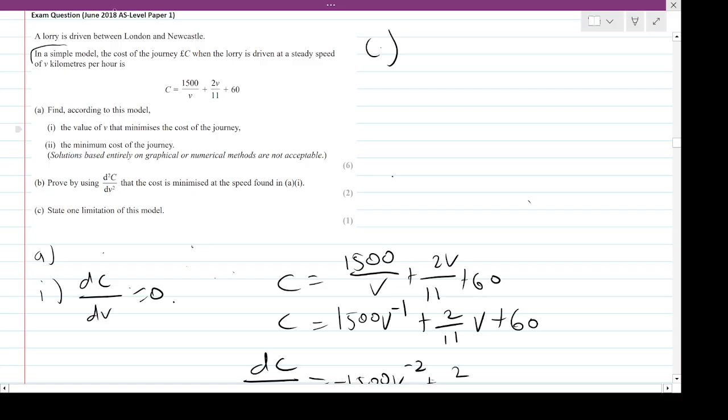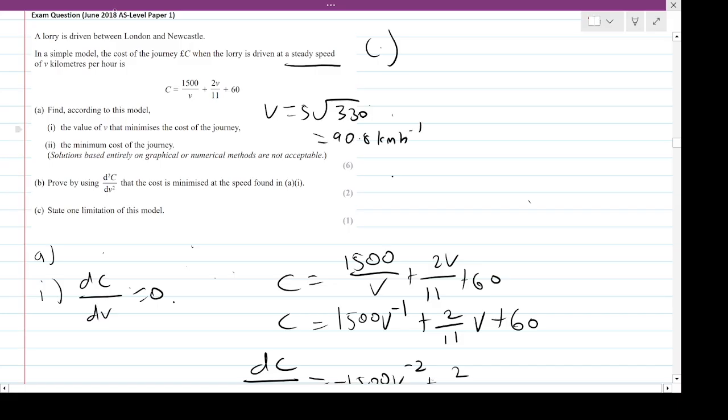So in a simple model, the cost of the journey is driven at a steady speed, that means the speed is constant throughout. So for example, when v was 5 root 330, as a decimal that would be 90.8 kilometers per hour.